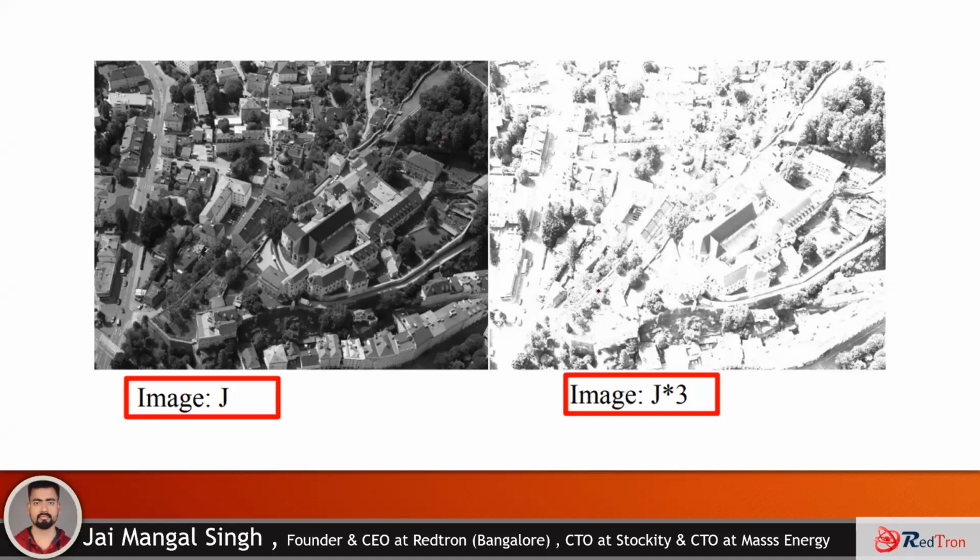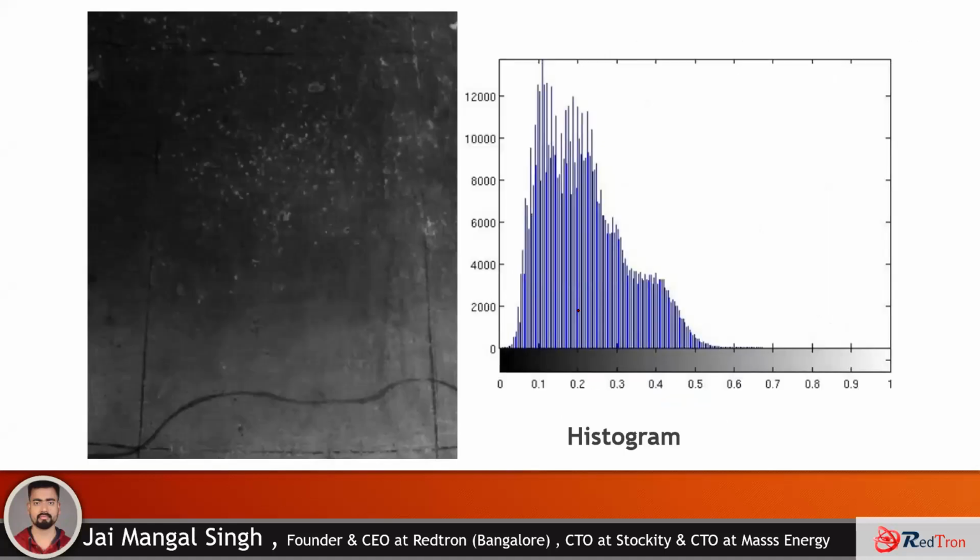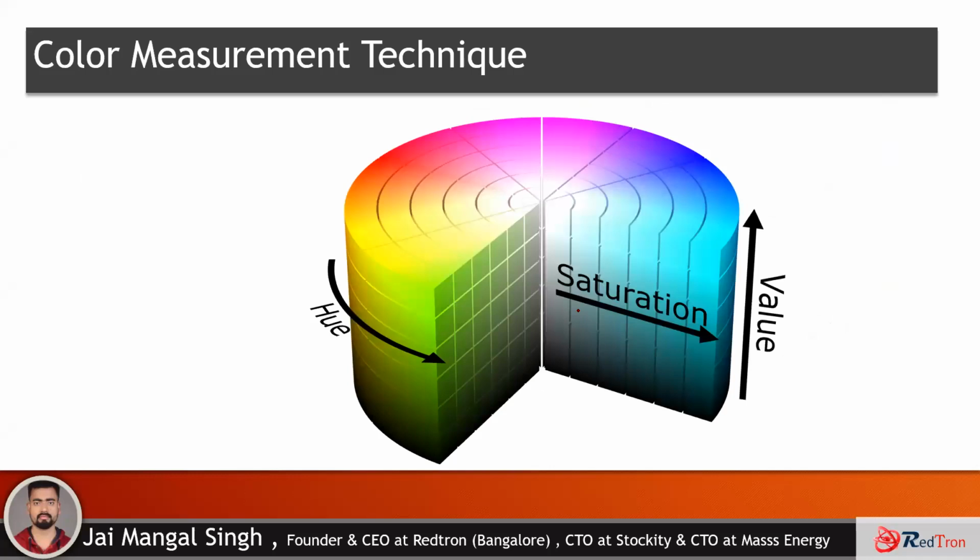Then we will look at the histogram plot of the image, which will tell how many times a particular pixel value or color code is used in that image, and the methods of color, in what way we can decode the color information, that we're going to see in the post lunch session.